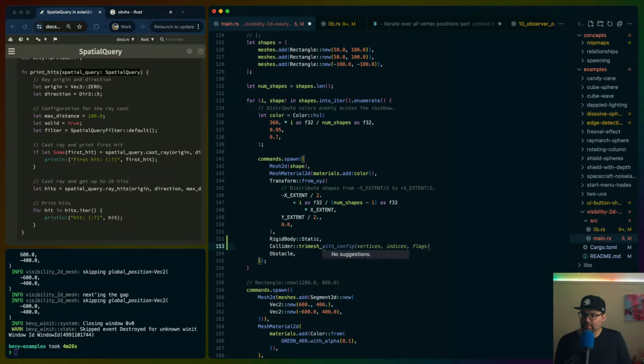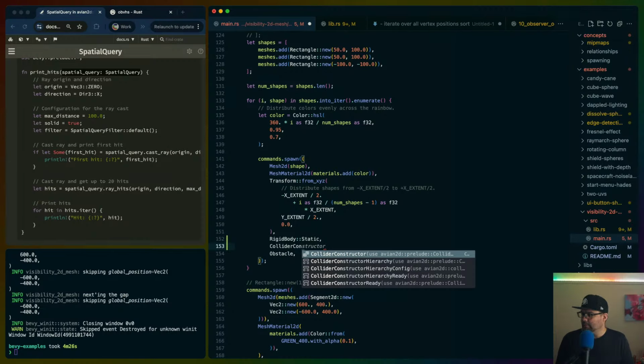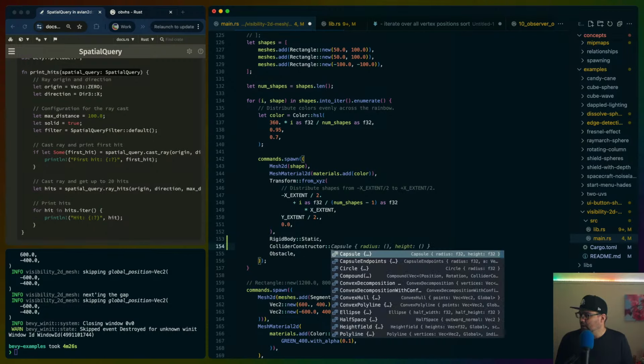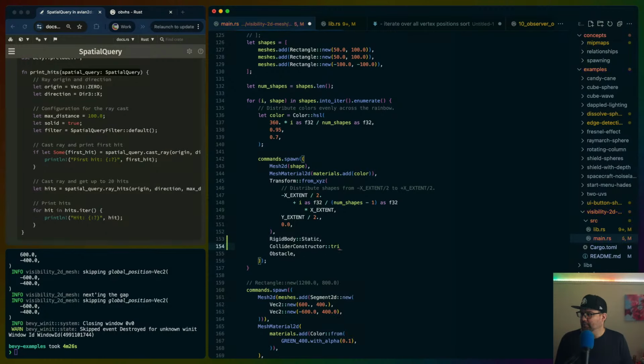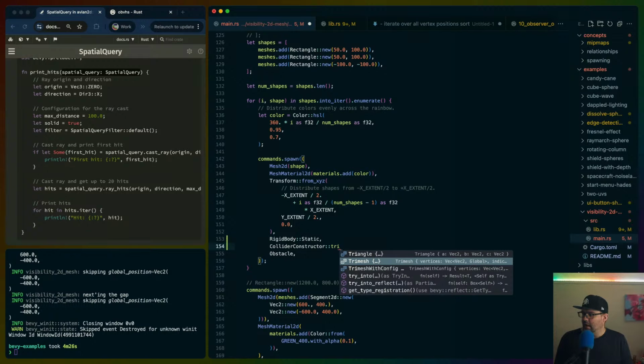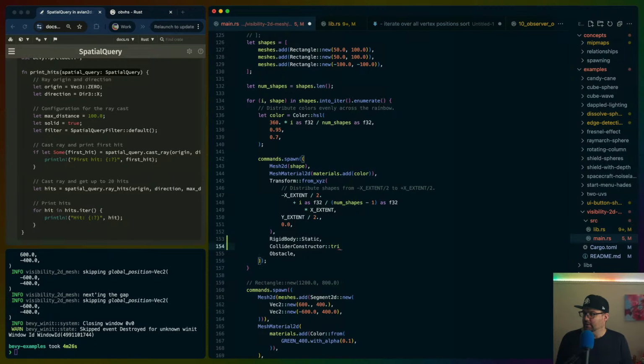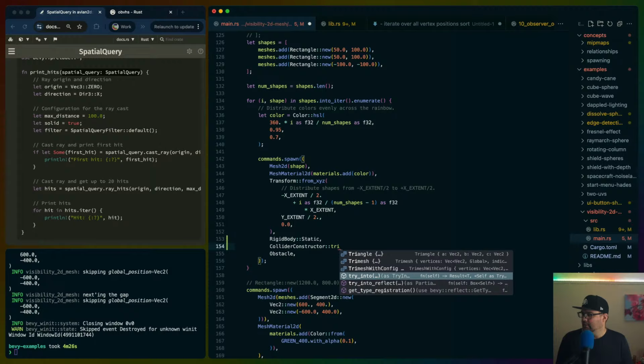Can we not do trimesh for mesh on... Like, collider constructor is probably what it is. I'm so used to working in 3D. Collider constructor. And then we do trimesh. Why is this... We don't get a trimesh from mesh here? Interesting.